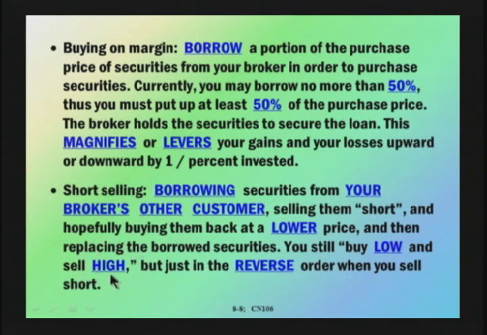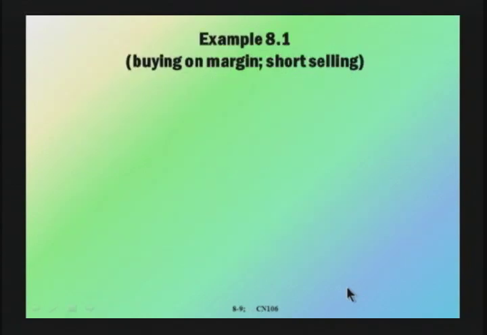It wasn't yours, so you borrowed it and sold it when you thought its price was high, and then you go buy it back later at a lower price, and you will have profited from the difference because you bought low and sold high, which is what we always want to do, but you just did it in the reverse order. You sold it first at what you hoped was a high price, hoping to buy it back at a low price and return the shares that you borrowed, thus profiting from the difference.